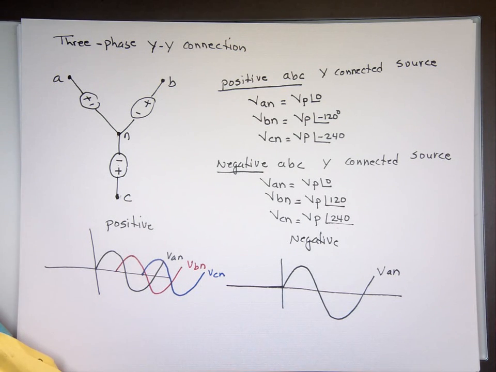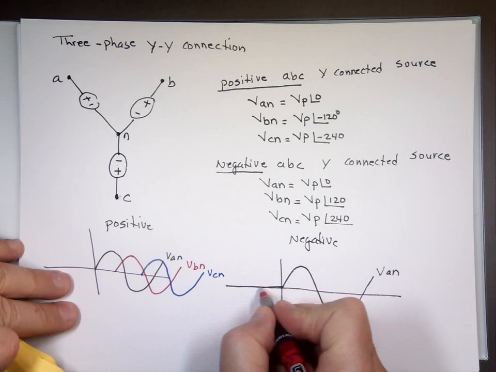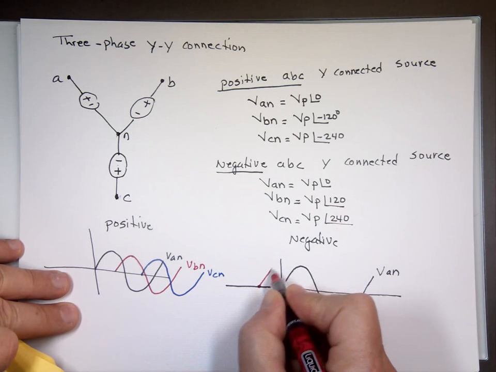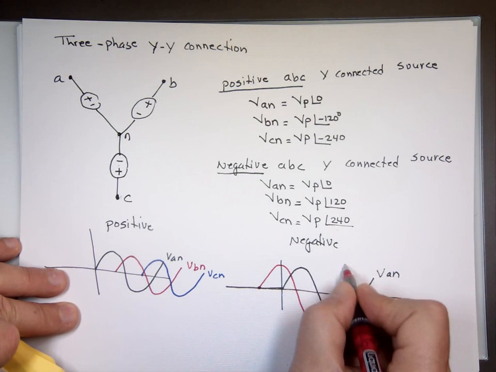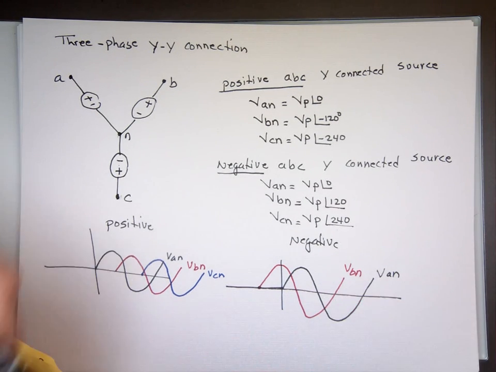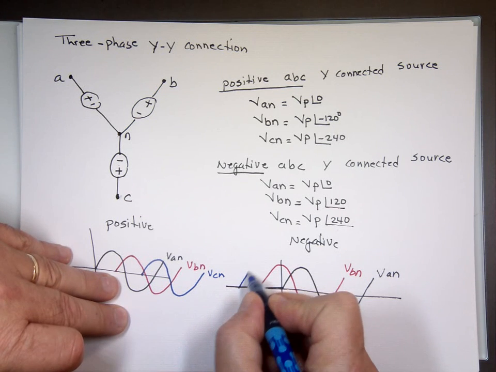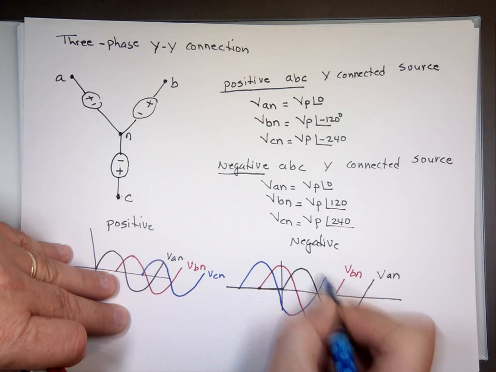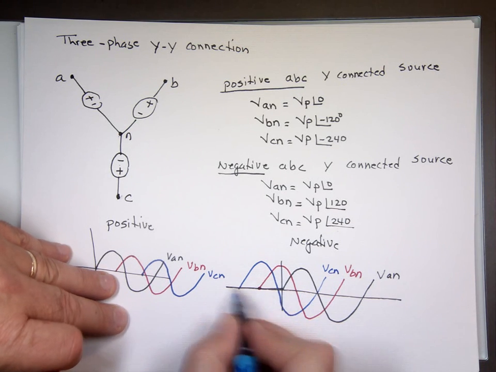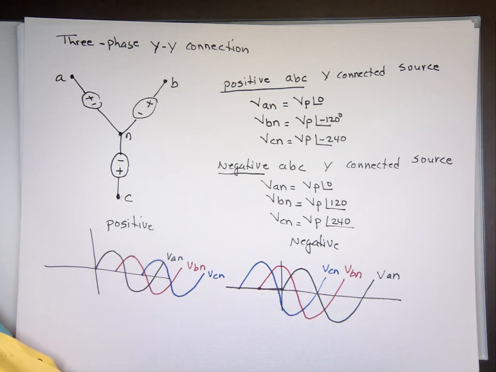So VBN will be where now? Right here, and VCN will be right here. So notice you're starting right on this end for negative.